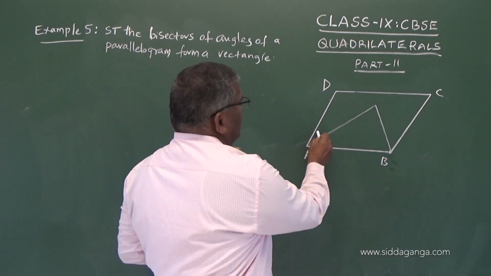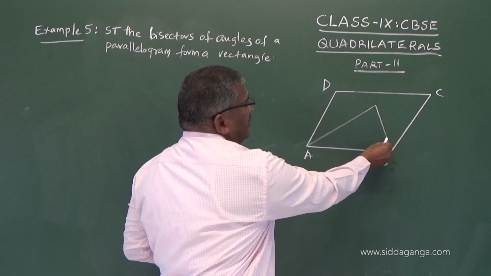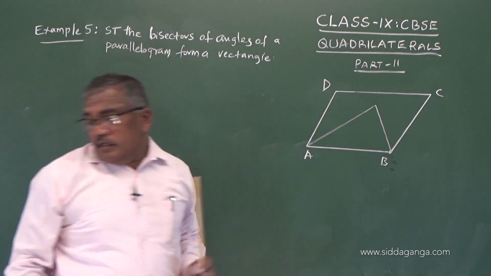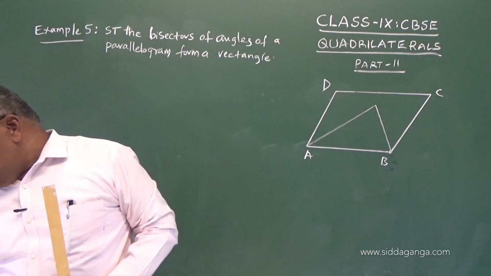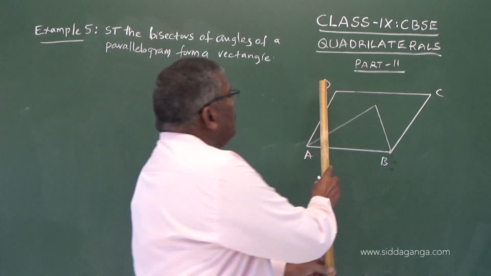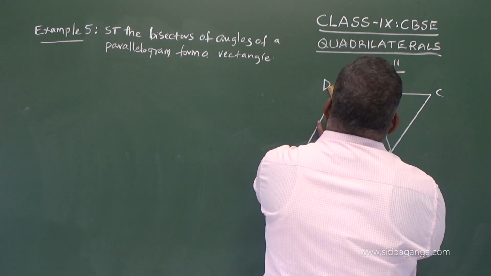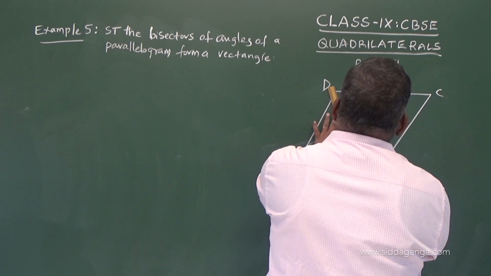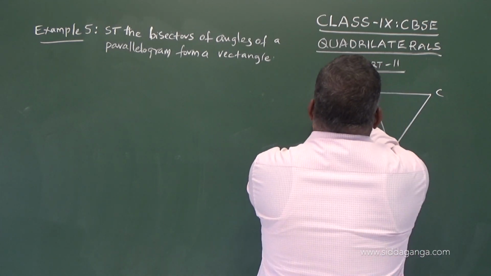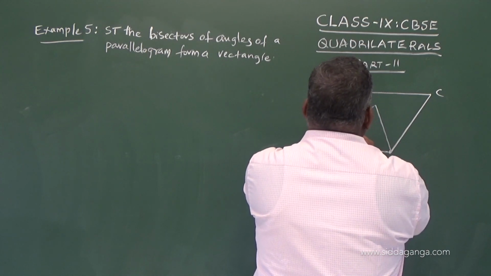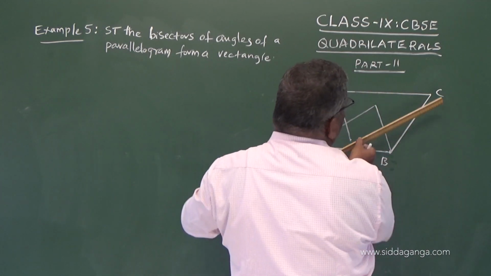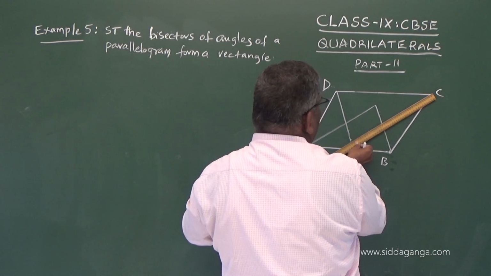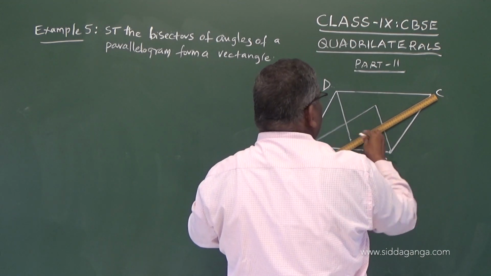This line bisects angle B, then the angle D bisector, and this is the angle C bisector.